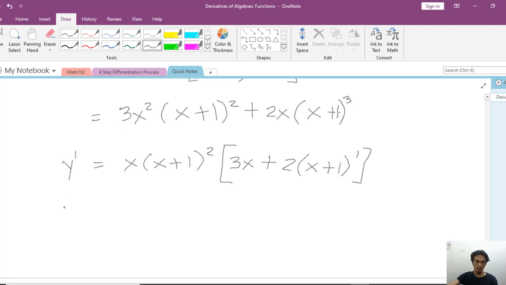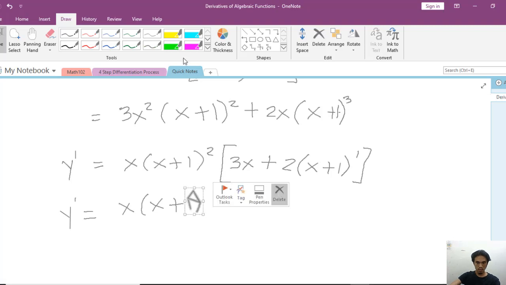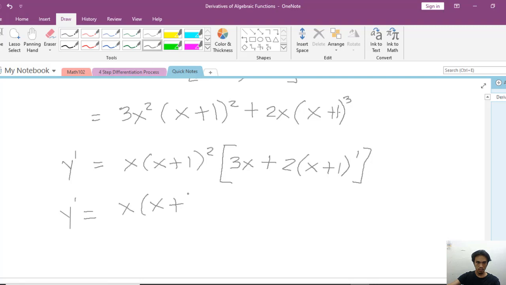This is y prime, by the way. So y prime is equal to x times (x plus 1) quantity raised to 2 times (3x plus distribute 2. This is 2 times x is 2x plus 2 times 1 is 2).